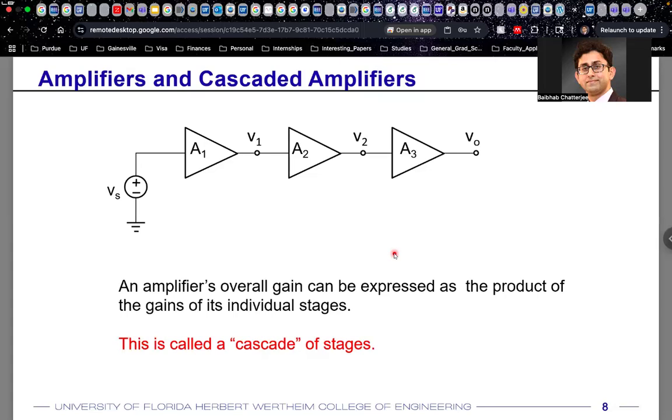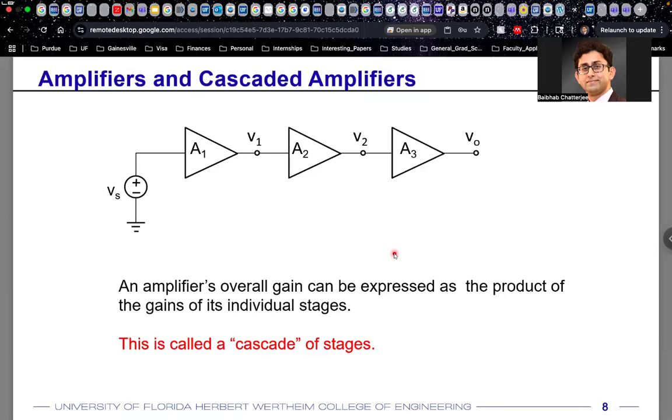So if I say the gain of the amplifier is 5, that means that if there is an AC quantity with a peak to peak amplitude of, let's say, 100 millivolts at the input, you'll see an AC quantity at the output with a peak to peak of 500 millivolts.